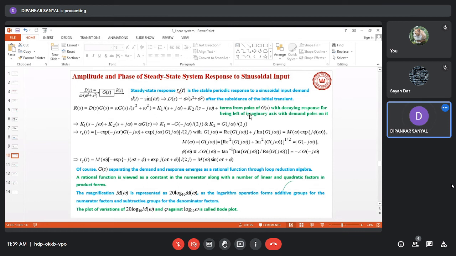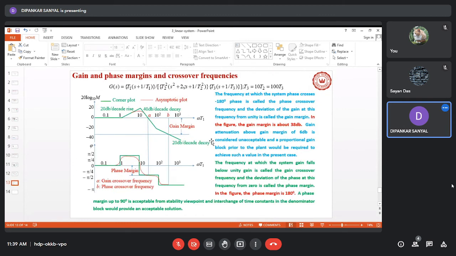Neither is good. Basically, M close to 1 is the requirement. So basically, that is what we need to ensure by the proper design of the system.